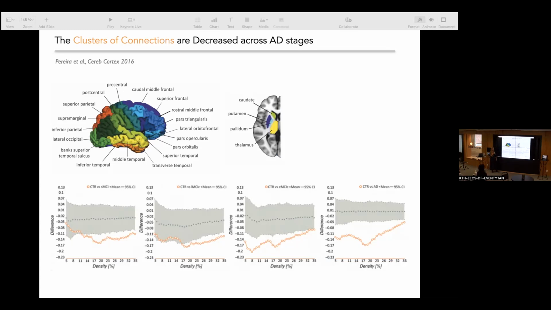So these groups corresponded to different Alzheimer's disease stages. 3 of them had cognitive impairment, but one group was relatively stable. It had cognitive problems, but you could still go out, do the groceries, keep a certain level of independence.